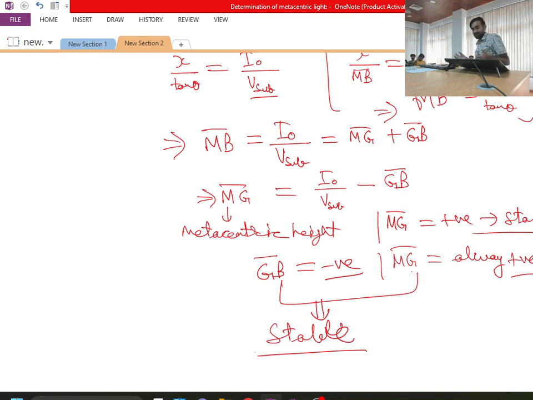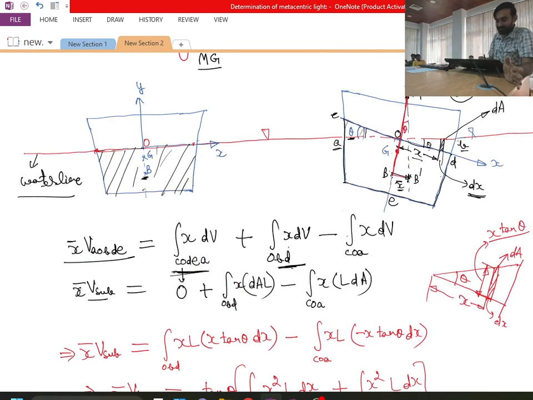So that is the reason, through this derivation, with reference to the symmetric situation of the ship only, we can predict all the parameters. Okay, what is MB over here? If you see, B is not the new center of buoyancy. B is the previous center of buoyancy, when situation was symmetric. Is this point clear?